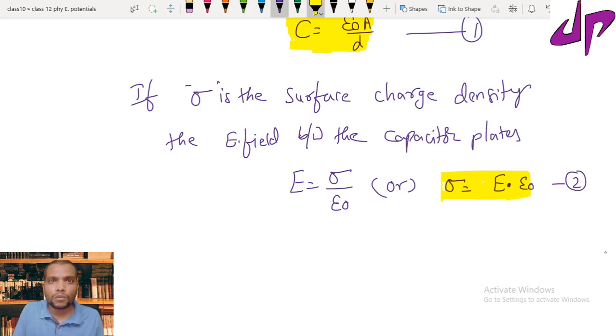Now we know the surface charge density. What is sigma?